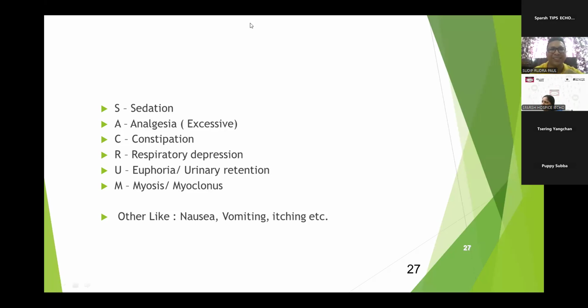Please put it in the chat box. How much of a respiratory rate will we consider as respiratory depression?